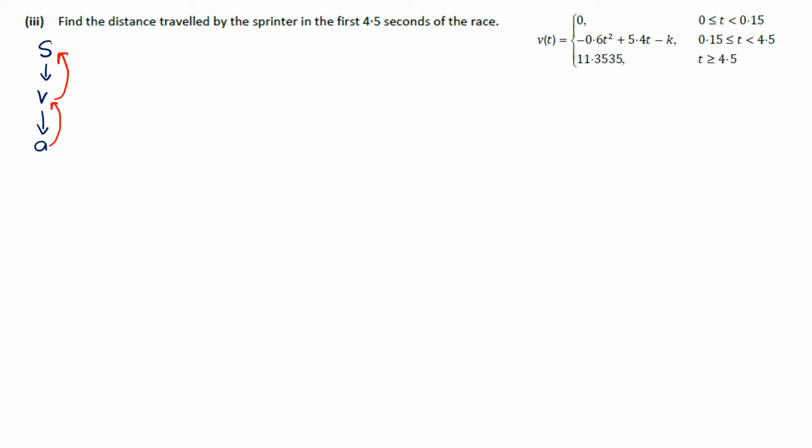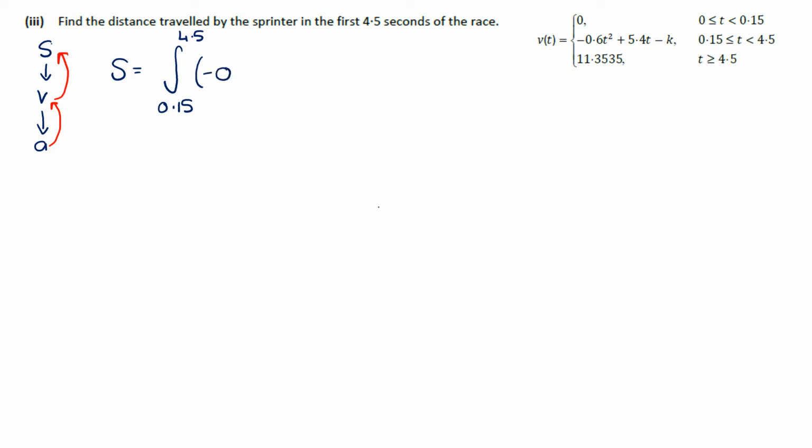Now, the first 4.5 seconds, I'm not going to bother with the first part of that function because 0 is just 0. So all I'm going to do is integrate. Now, I'm going to use my limits of integration. I'm going to integrate between 0.15 and 4.5 to get the distance between the time is 0.15 and the time is 4.5.